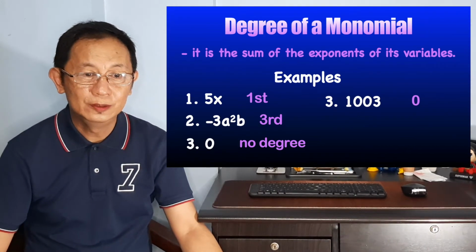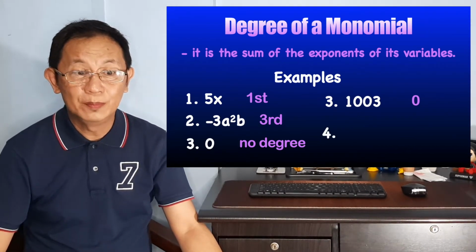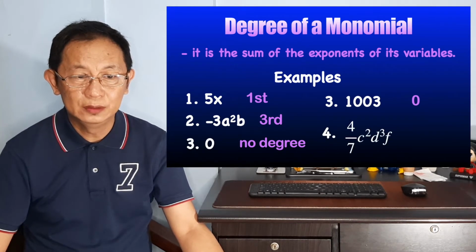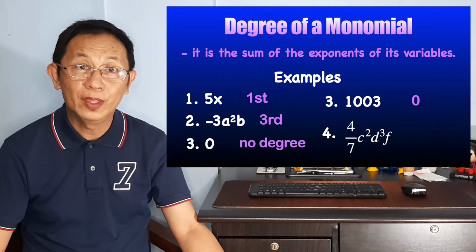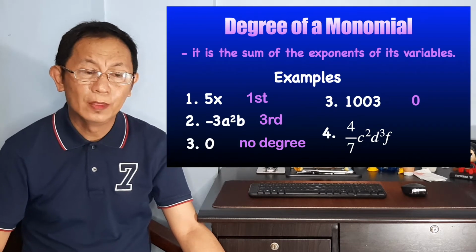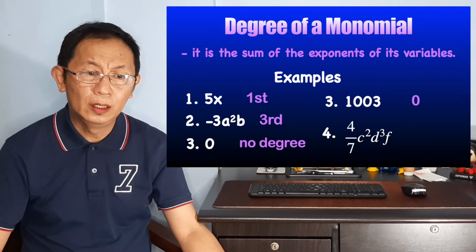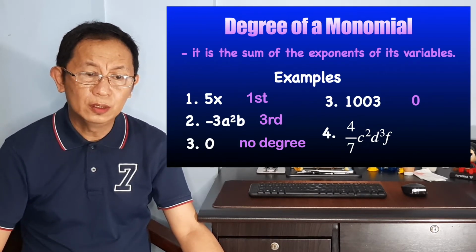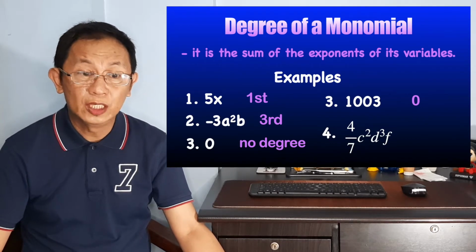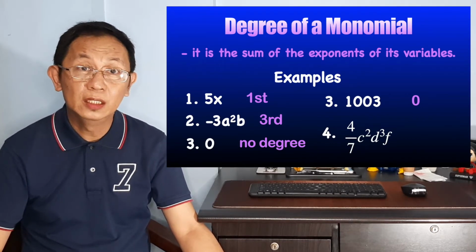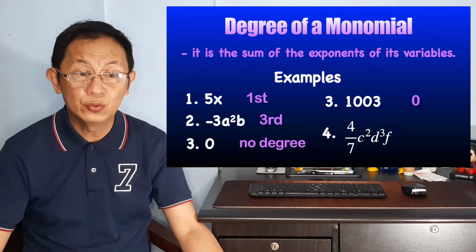Number 4, 47 c squared d cubed f. The exponent of c is 2, the exponent of d is 3, the exponent of f is 1.